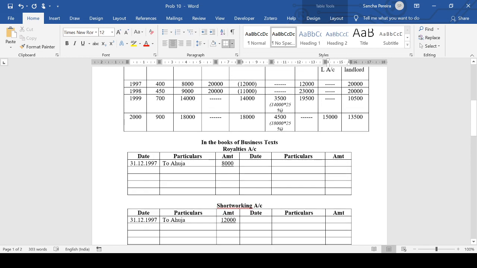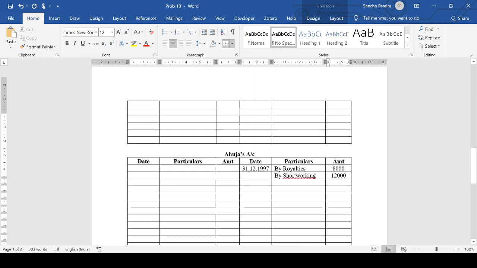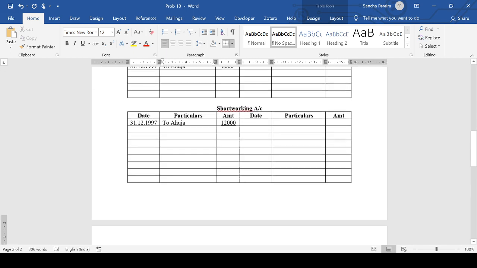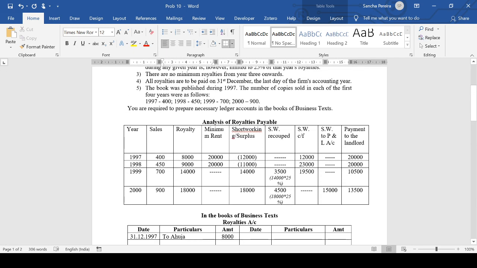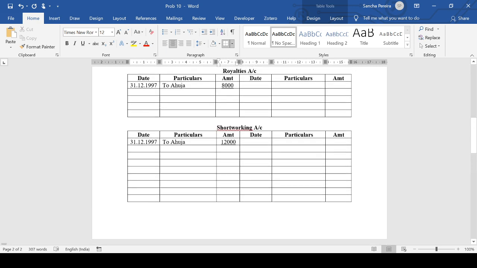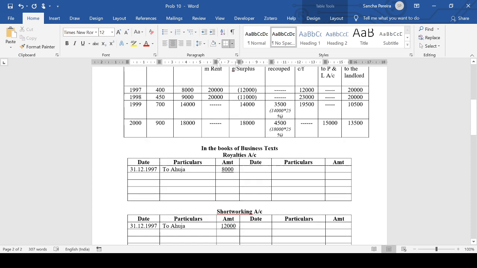Next comes the payment. Landlord account debit to bank. So Ahuja's account debit to bank. And the payment made is 20,000. The last one is transferring the royalty to the P&L or the trading account.